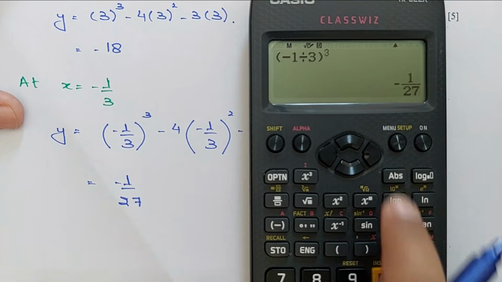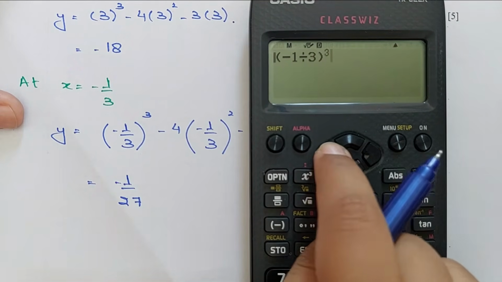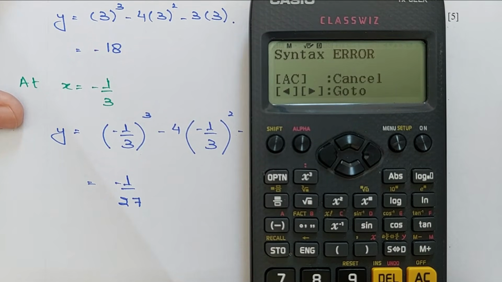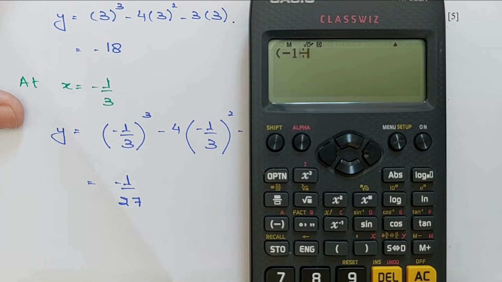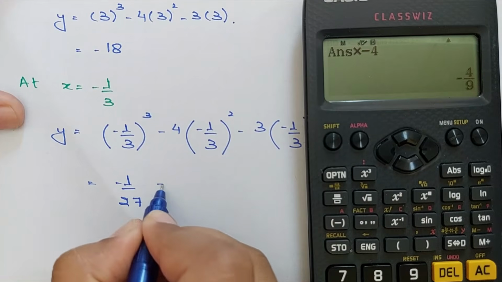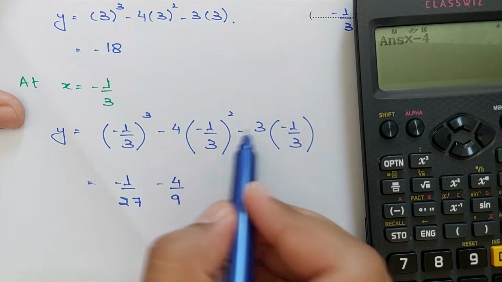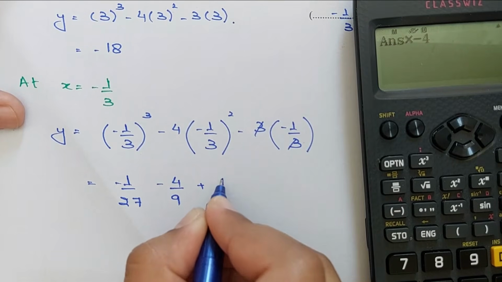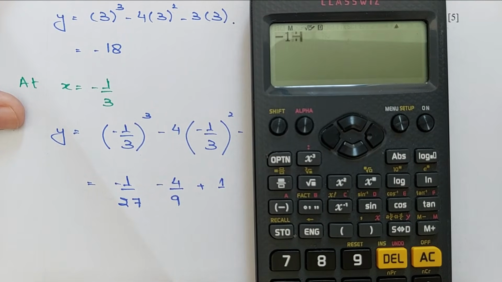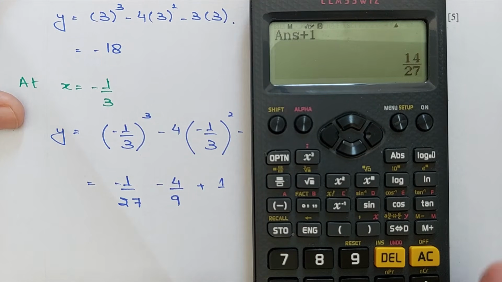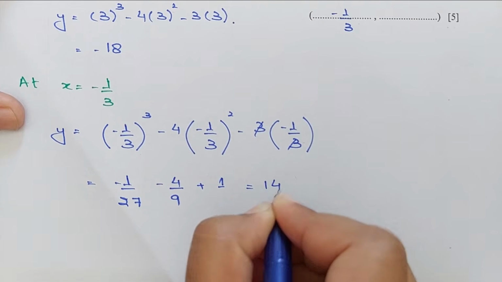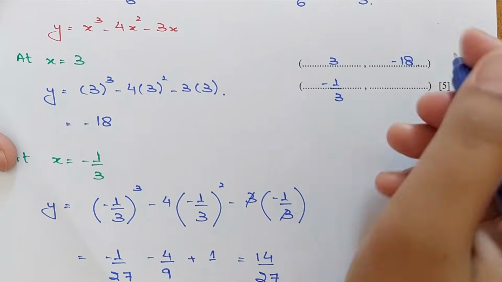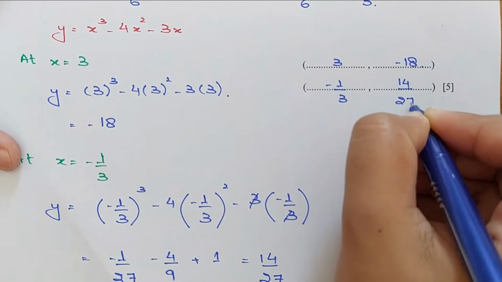Then minus 1 by 3 squared times minus 4 is minus 4 by 9. And this negative with negative becomes positive, 3 is cancelled with 3, we are left with just 1. Okay, minus 1 over 27 and minus 4 by 9 and add 1. This is 14 over 27. So the y coordinate is 14 over 27.